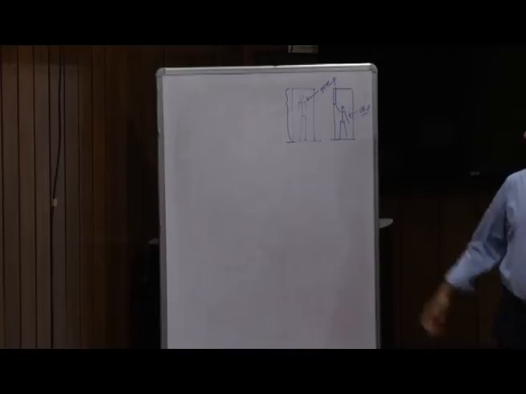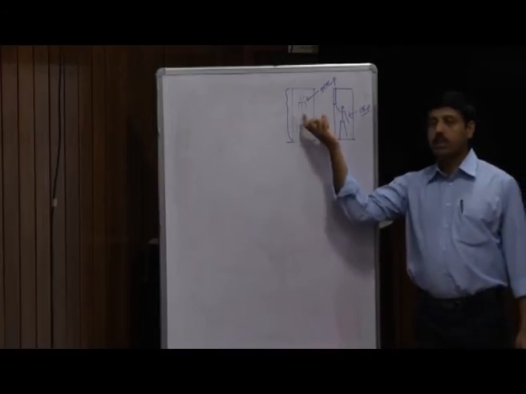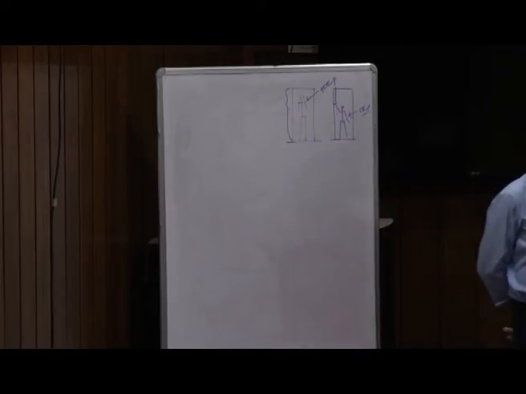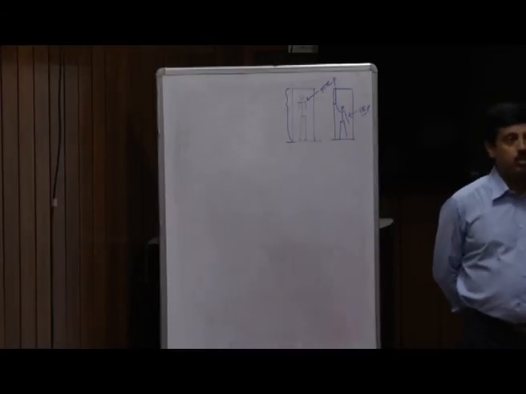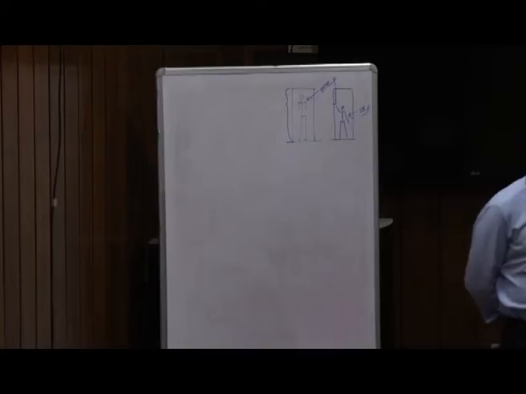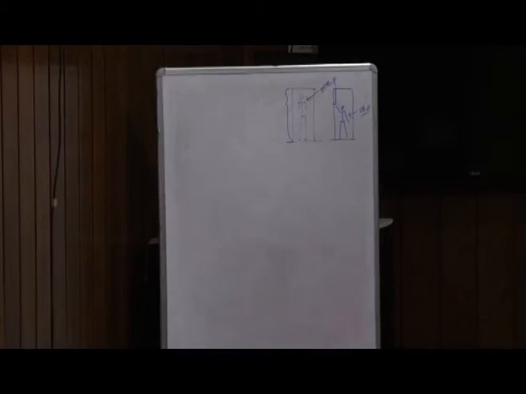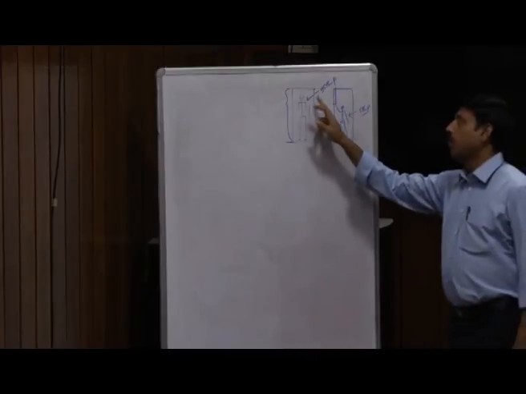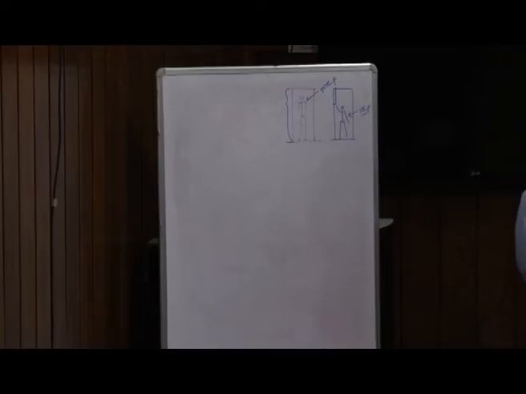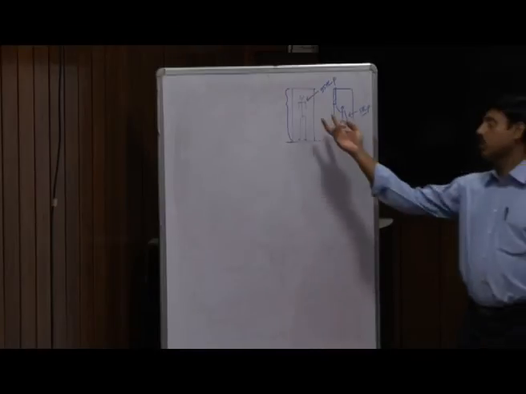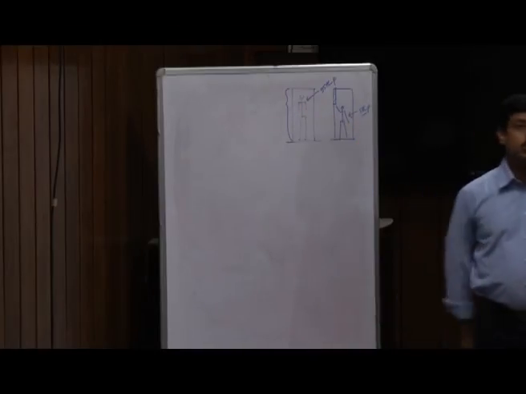In that case, that particular person will not be able to use that door, because it matches his stature or vertical height, which is 95th percentile, but his or her shoulder width is actually more than 95th percentile. So it is not possible for that person to go through that door.